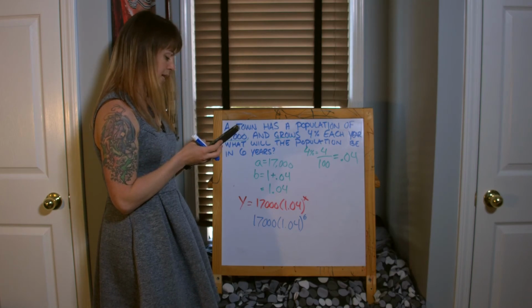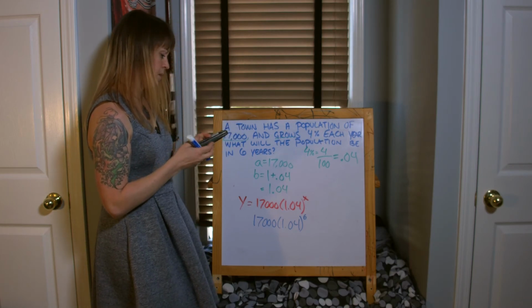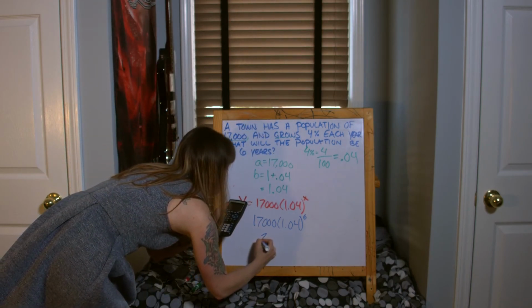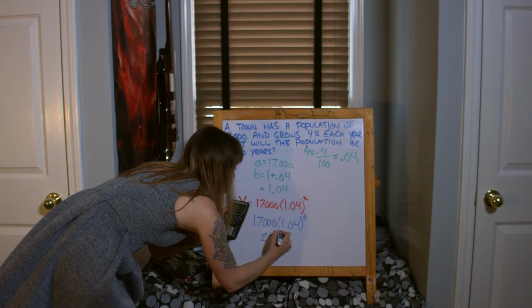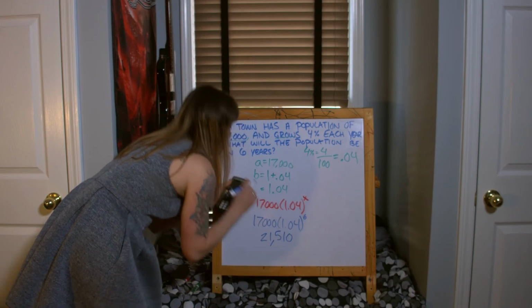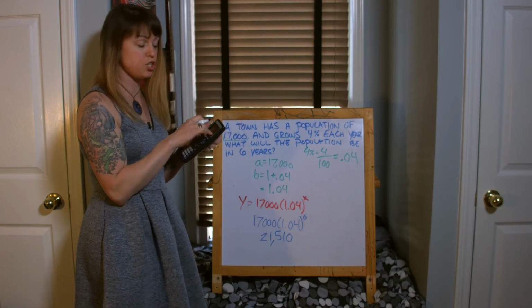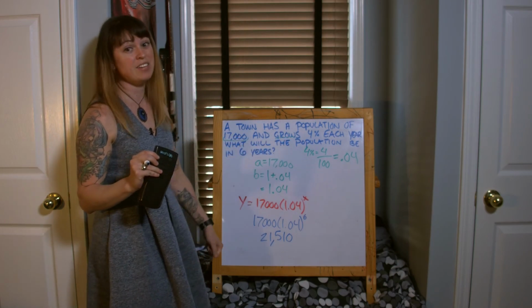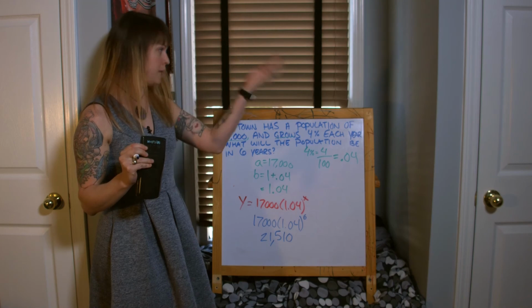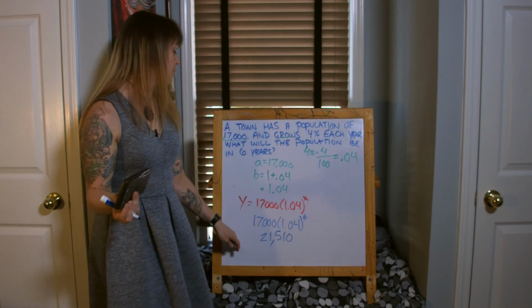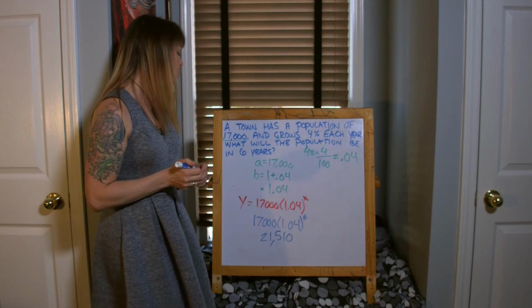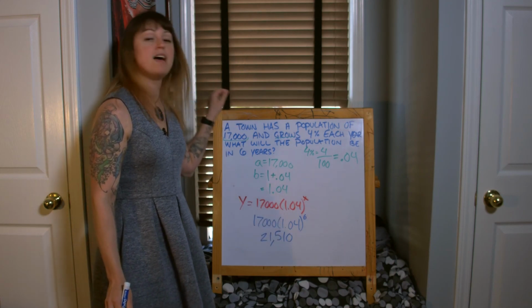And I will get 21,510. Now, I do have a decimal here, so if you did this on your calculator, you have a decimal, but we're talking about people. I can't have a decimal of a person. You either are a person or you are not. So I rounded this to a whole number, and so in 6 years, my population will be 21,510.